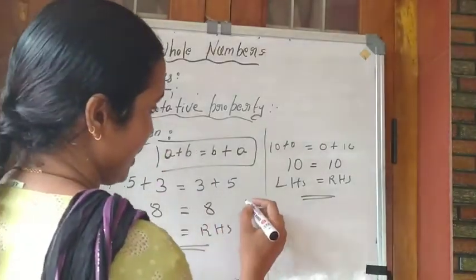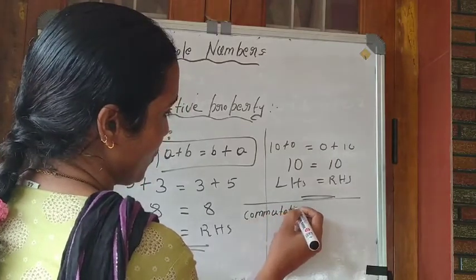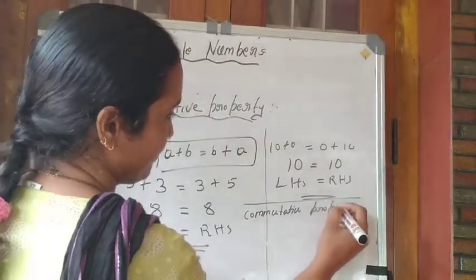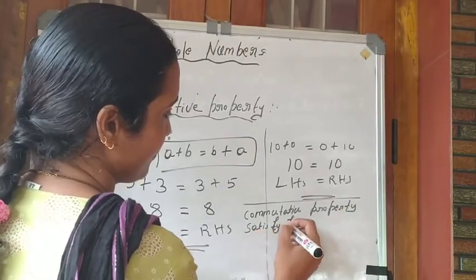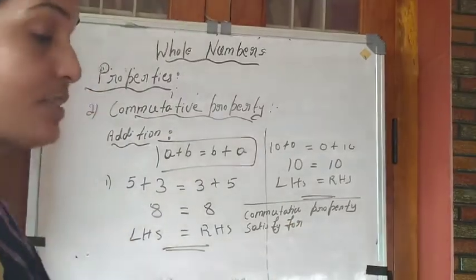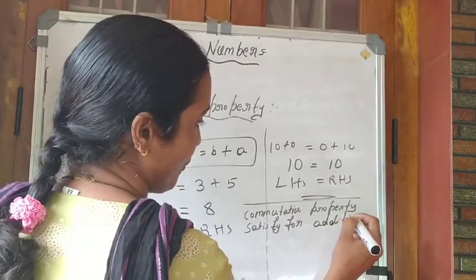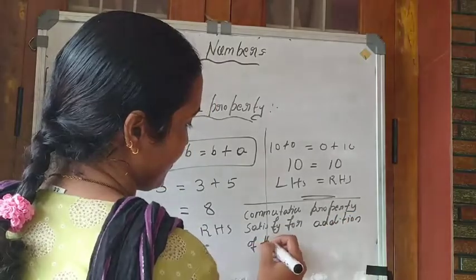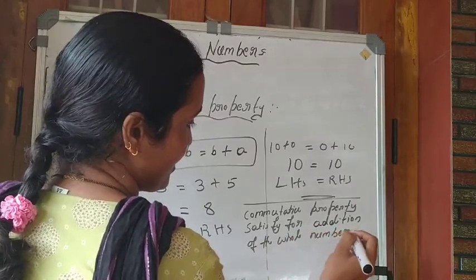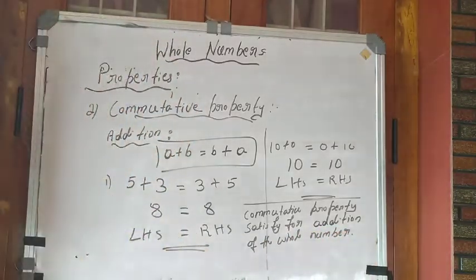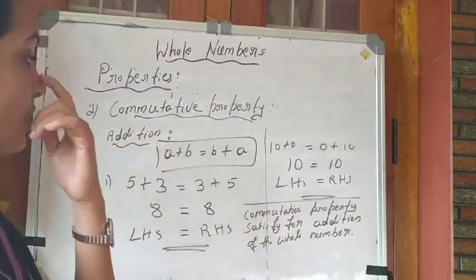So the conclusion is commutative property is satisfied for addition of whole numbers.